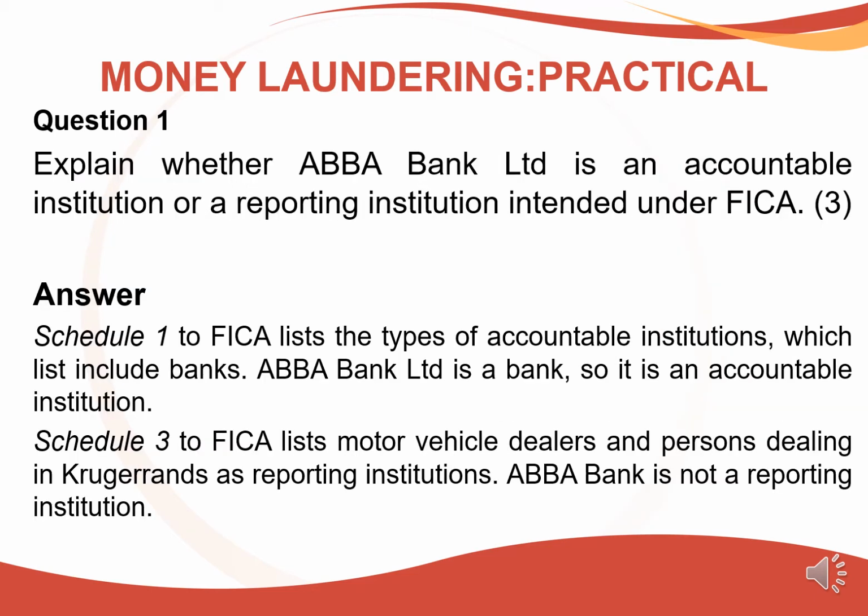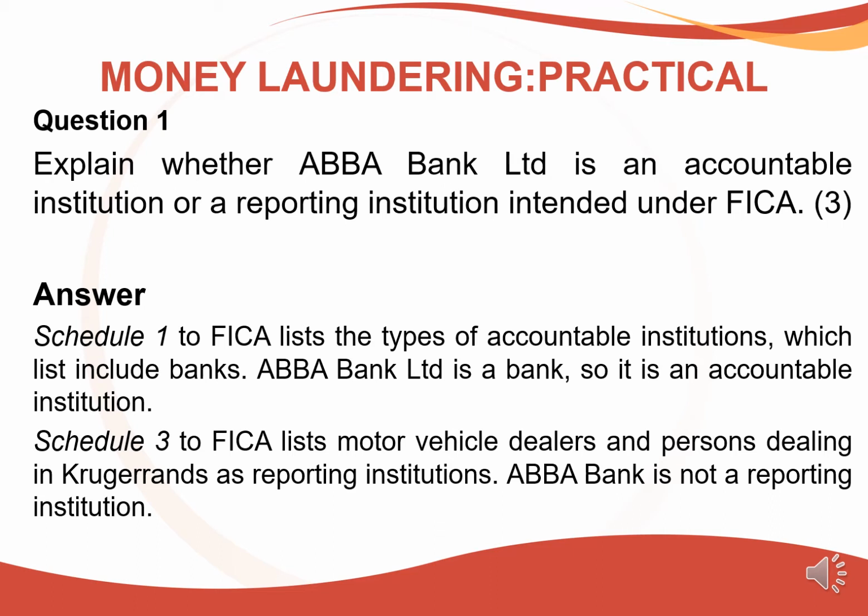Okay, now here you can see an example of an easy theory question. I start off by asking you whether ABBA Bank would be an accountable institution or a reporting institution in terms of FICA. So, what is the purpose of this question? To test whether you know the difference between an accountable institution and a reporting institution.